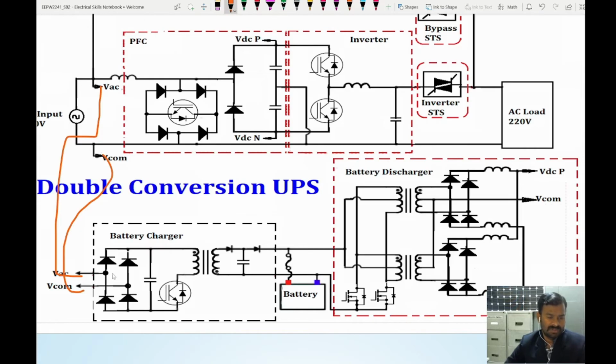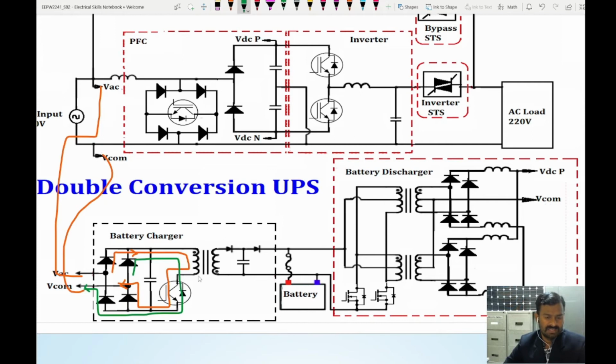Now during the positive cycle, this diode will conduct, the current flow takes place like this, and it will go back like this. So this is the positive cycle. In the negative cycle, the current flow will start from here, go to this diode and go out like this. So it is very normal bridge rectifier operation.